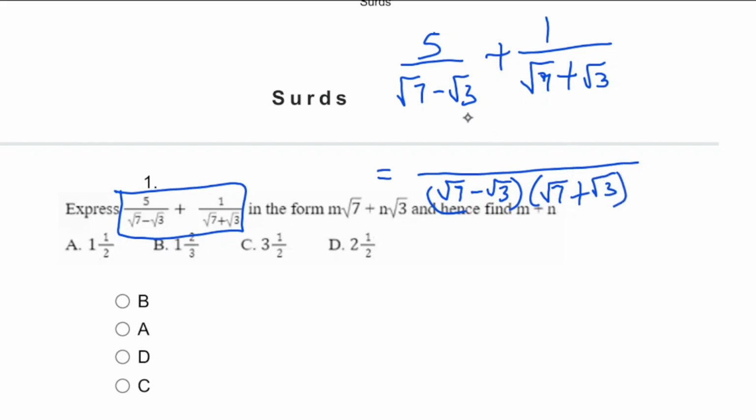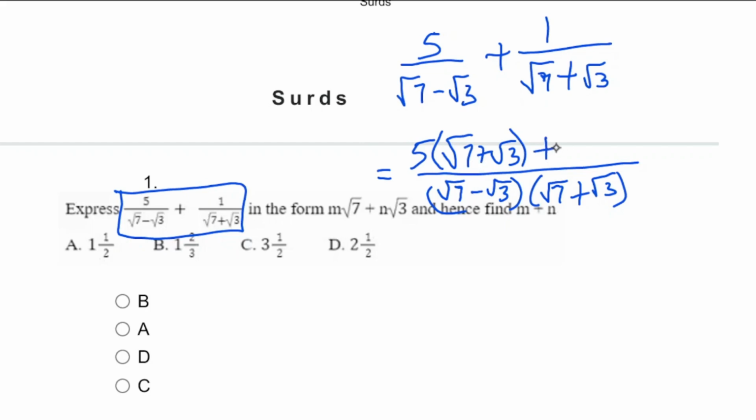So this divided by this will be 5 into bracket root 7 plus root 3. That is, you are dividing by root 7 minus root 3, the denominator. The minus will cancel the minus, so it remains the plus.